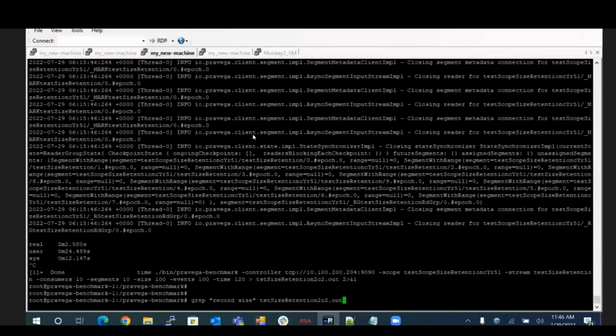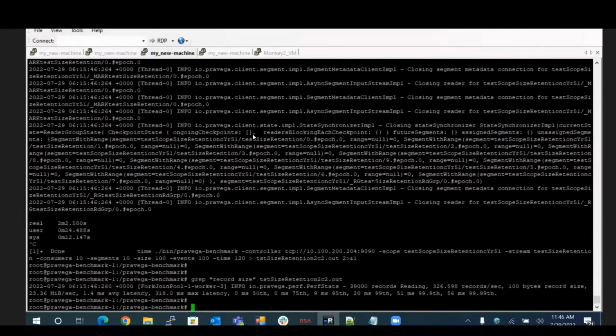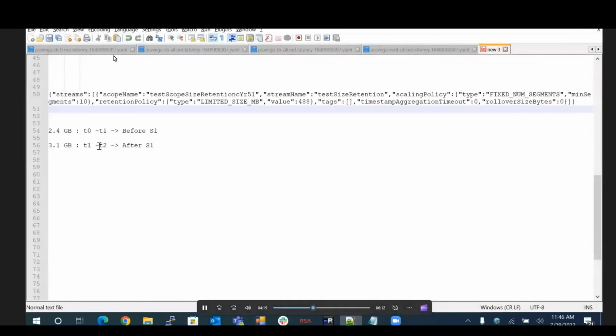So the reads have been completed over the same existing size-based retention stream, and we see an increase in the record size from the initial 30,000 value. So 9,000 additional records have been written during the period T1 to T2 after stream cut 1, which has surpassed the set size limit value, that is 488 MB.